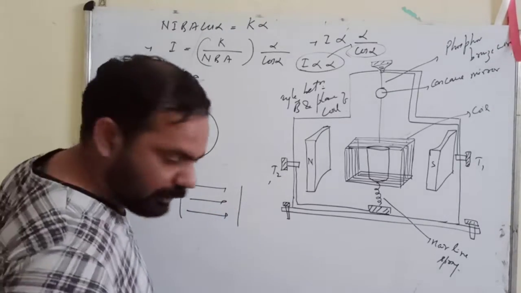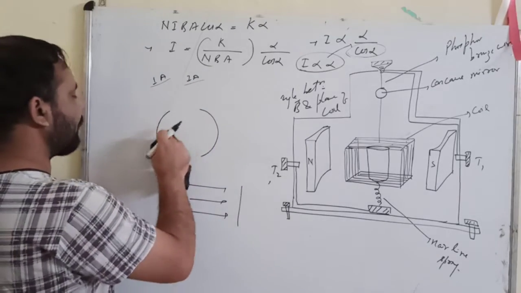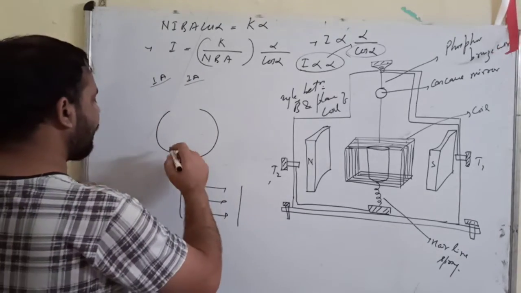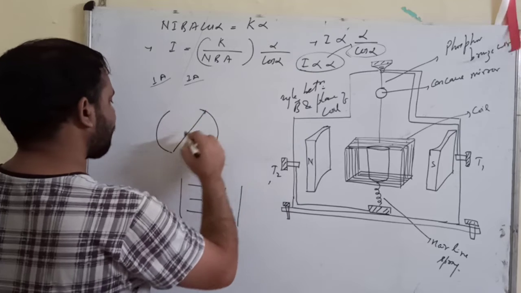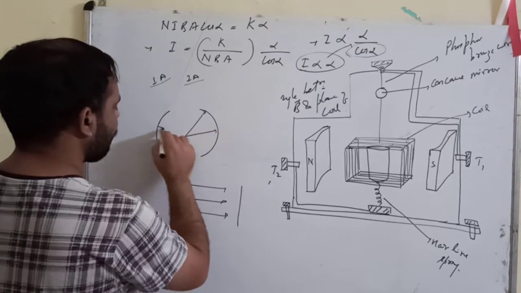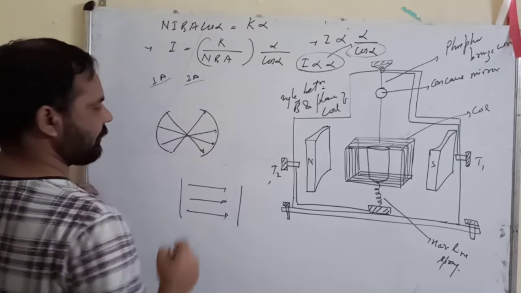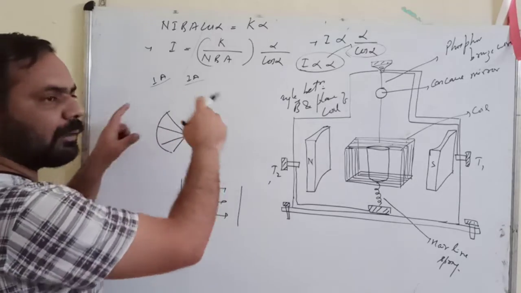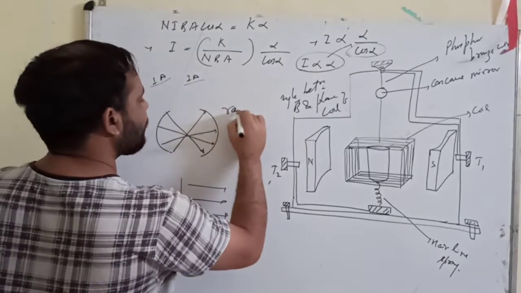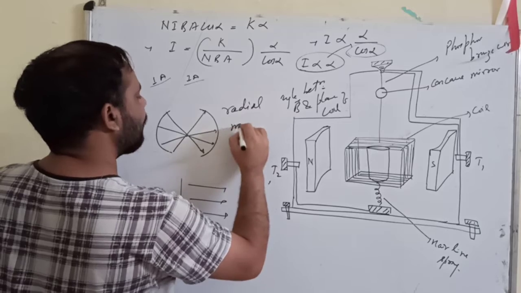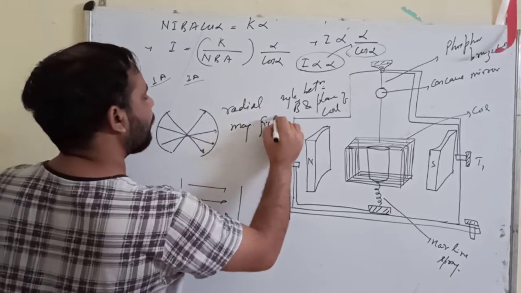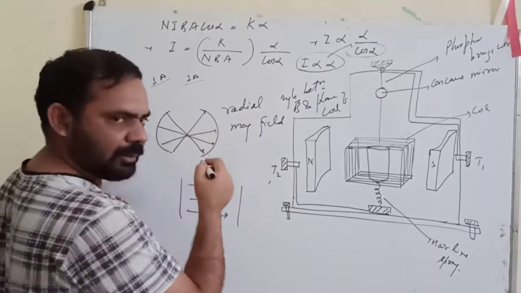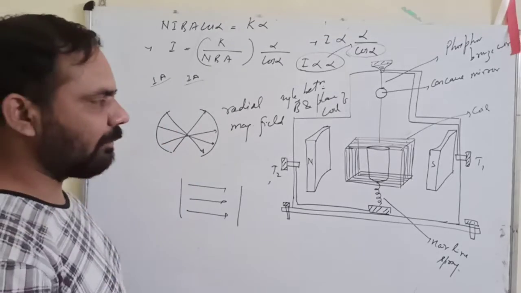But if you have this type of shape of the magnets, then the magnetic field will be this type, like this. Okay, you will have a radial magnetic field. This type of magnetic field is called a radial magnetic field. Radial means like radius.